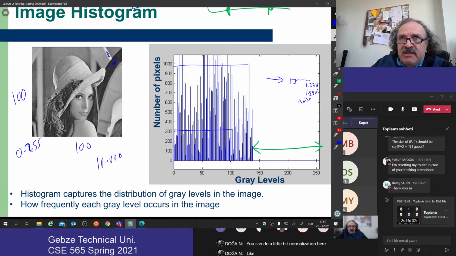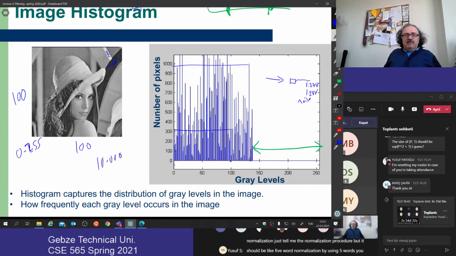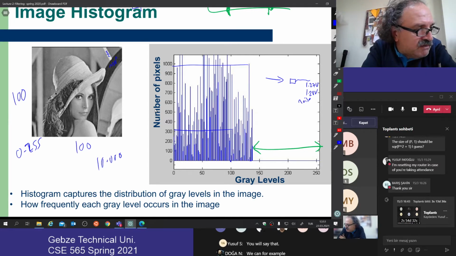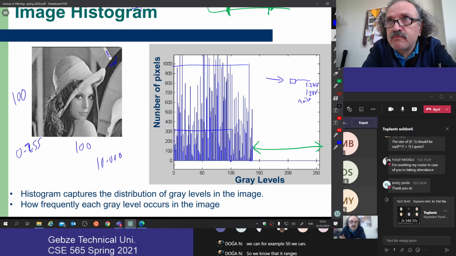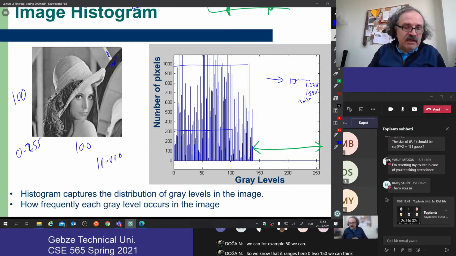What do you mean by normalization? Just tell me the normalization procedure, but it should be like a 5-word normalization. By using 3 words, you will say that we know that the range is here 0 to 150. We can, well, hold on a minute.